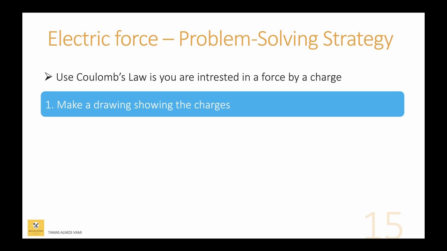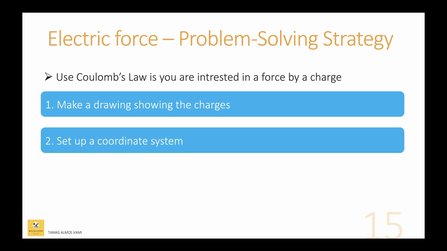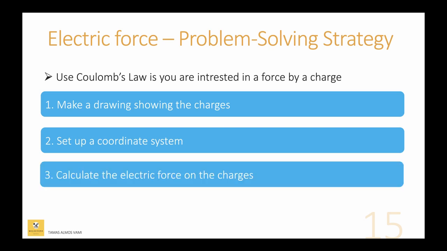So when you have a problem where you have to use Coulomb's law, which is usually the case when they are asking you about the force exerted by a certain charge, first of all, you should make a drawing showing the charges and set up a coordinate system, that could be a Cartesian, spherical or cylindrical coordinate system and so on.